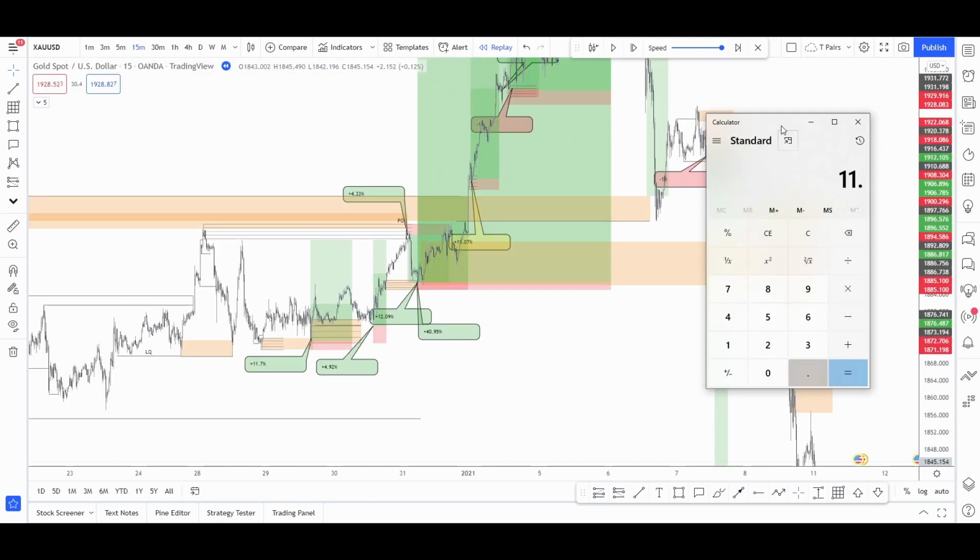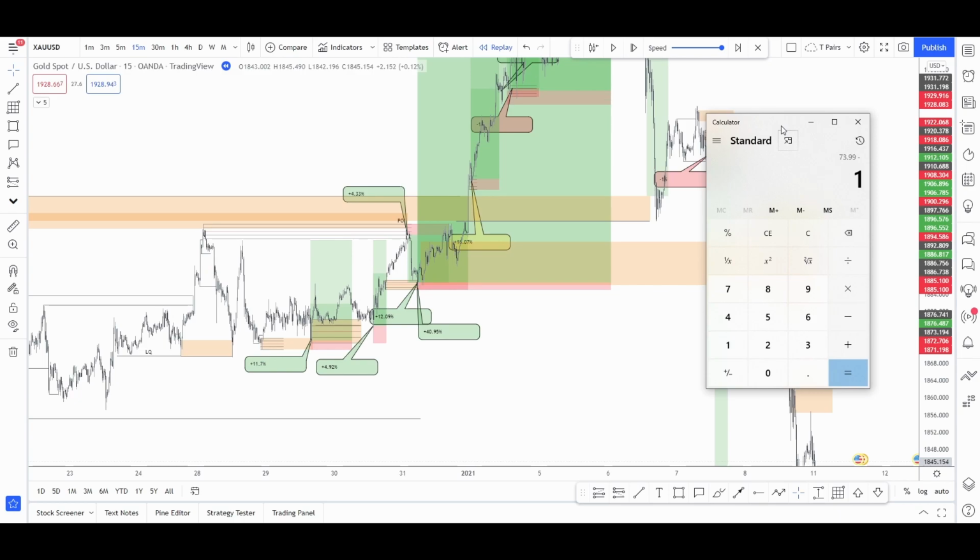Right, okay, let's just stack these up. So that's 11.7 plus 40.95, that's insane.